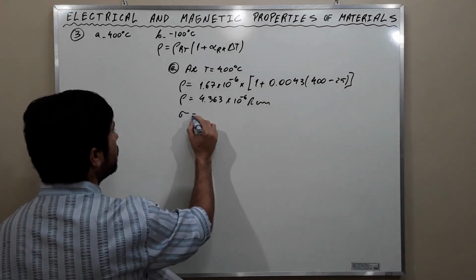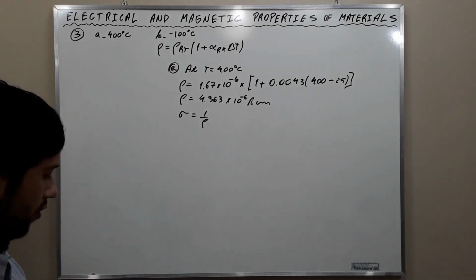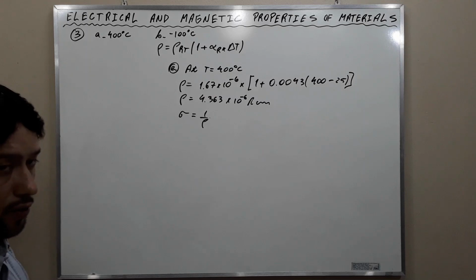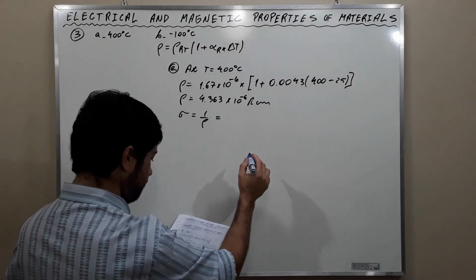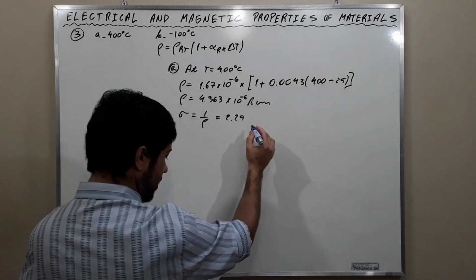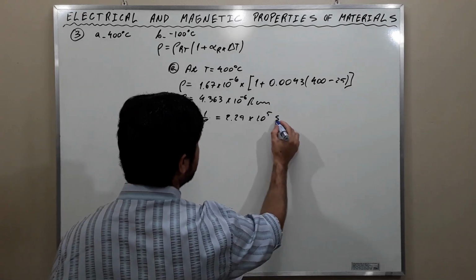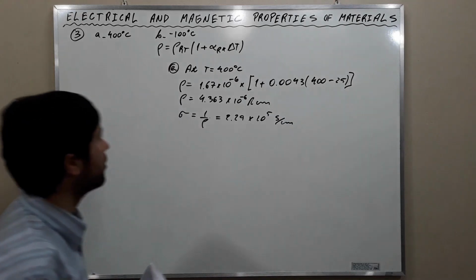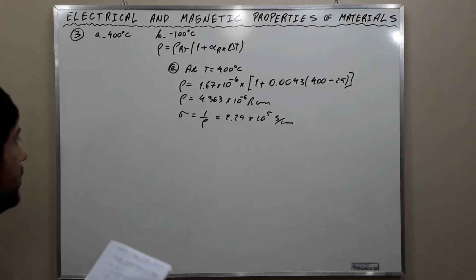Therefore, the conductivity is going to be calculated as the inverse of the resistivity, which is equal to 2.29 times 10 to the 5th Siemens per centimeter. Likewise, we calculate for letter B.